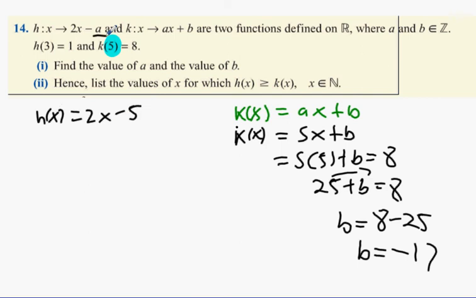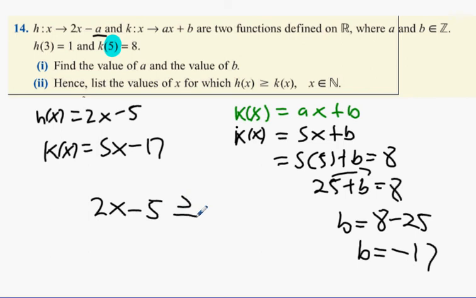What's k(x)? 5x minus 17. So, when is 2x minus 5 bigger than or equal to 5x minus 17? When is 2 times the number minus 5 bigger than 5 times the same number minus 17?